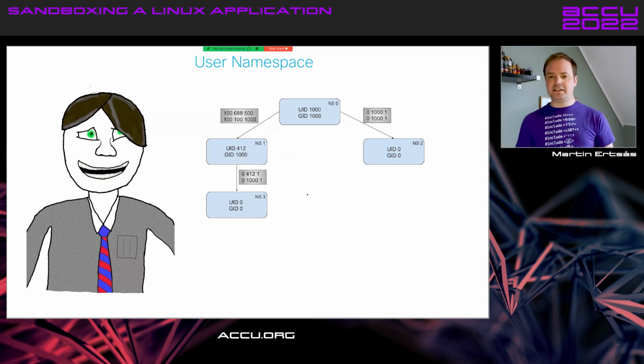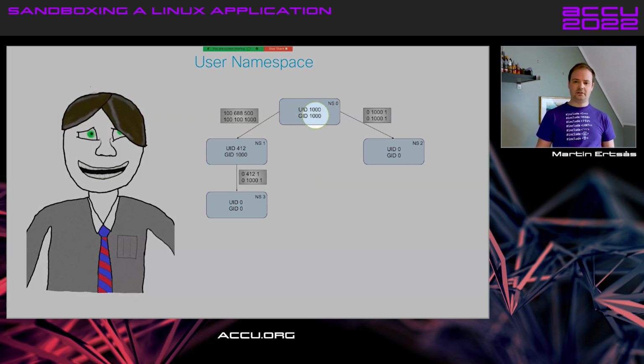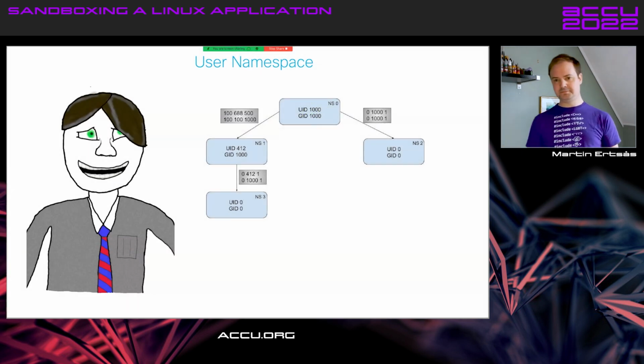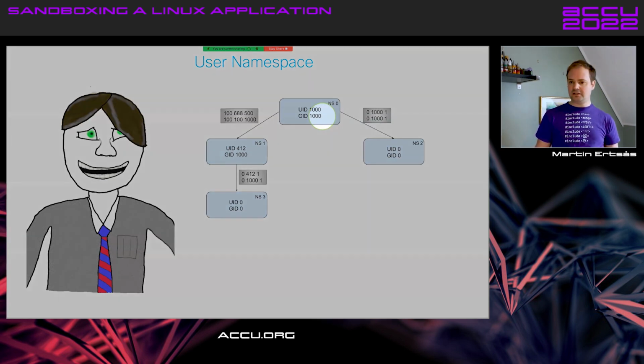And this namespace is hierarchical. So you have this namespace here, which is the initial namespace, the initial user namespace. You can create a new one, and then you have 2 files to write to. You have the UID map and GID map file.